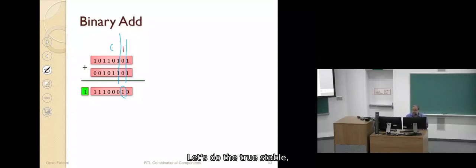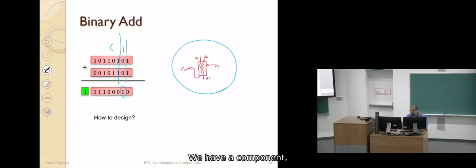So it's very easy. Let's do the truth table, let's do the Karnaugh map and simplify the design. That would be easy. That would be manageable. 3 inputs, 2 outputs. So this is how we do that. So we have a component. We call it, you see, we call it later full adder component, full adder element.